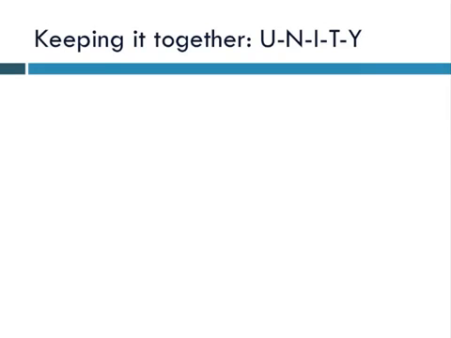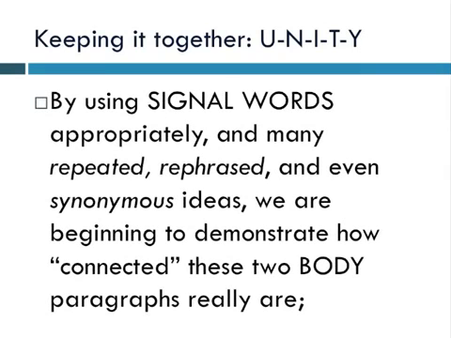Now let's move on and talk about the idea of unity. Now we talked a lot about signal words and how they often can help connect ideas. We also discussed repeated, rephrased, and even synonymous ideas. So by using these, we're showing how really the ideas are connected together.